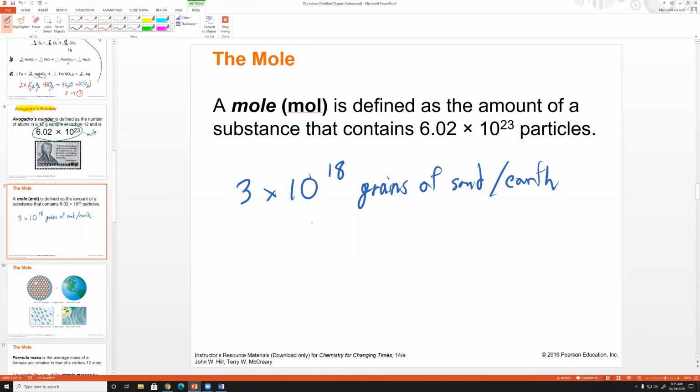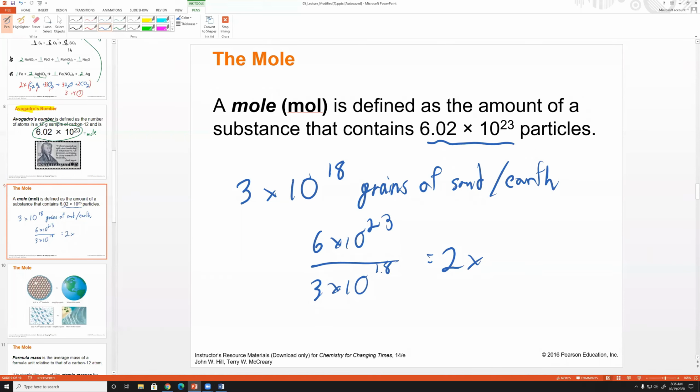So 3 times 10 to the 18th grains of sand. Now, if you compare that to the mole, there's a lot going on. So if you divide 6 times 10 to the 23rd, we'll ignore the 0.02, by 3 times 10 to the 18th, let's see what we get. 6 divided by 3 is 2, times 10 to the 23rd divided by 10 to the 18th.